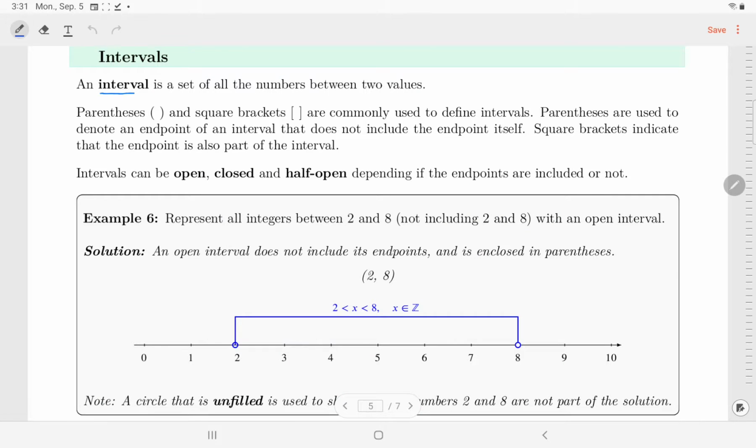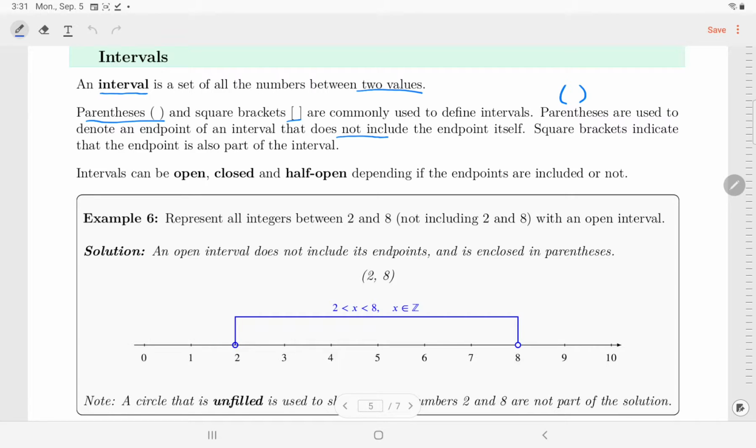An interval is a set of all numbers between two values, and we use regular brackets called parentheses or square brackets for those intervals. We use parentheses to show that the endpoint of an interval is not included in the set.